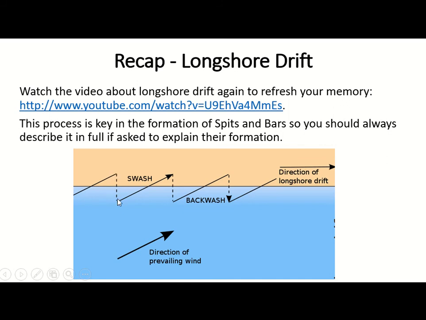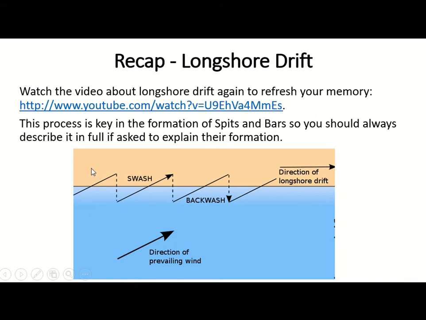And this swash and backwash continue, and all the while they take little bit by little bit of sediment as they go. So overall, the sediment is being moved down the coastline. Now that's all very well and good in a straight line coastline, and it's not going to see a great deal of difference, presuming that you're getting the same sediment coming on as you're losing on the other side.